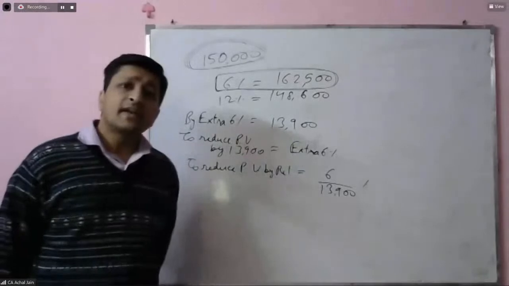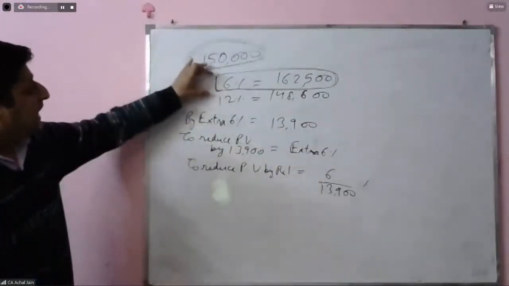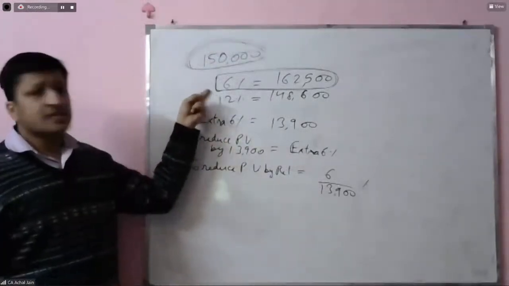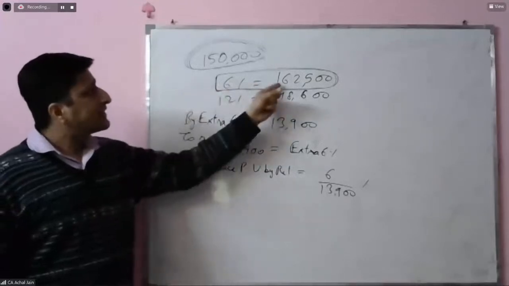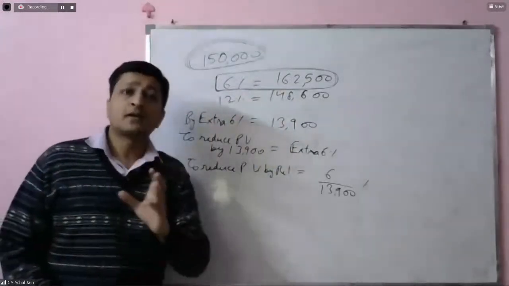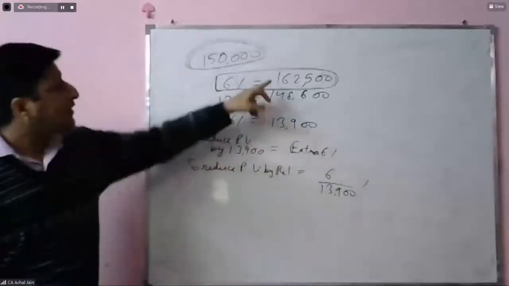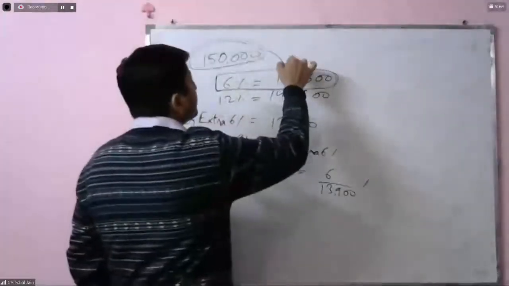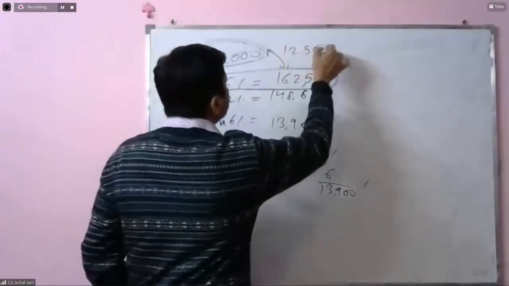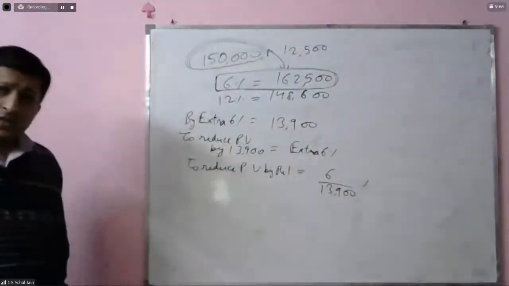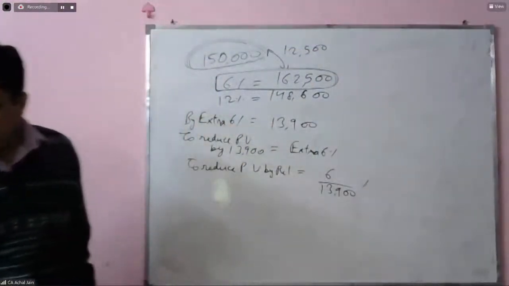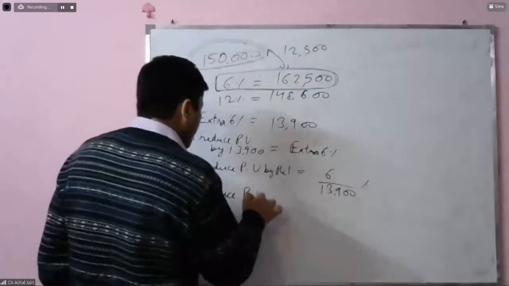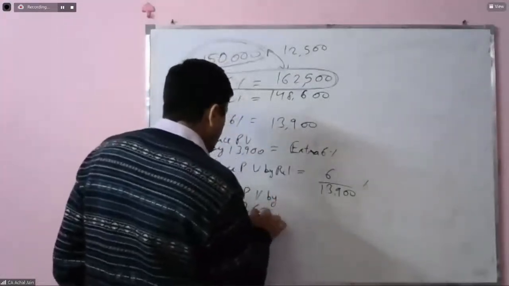Now, once again, what do I do? Once again, I'll go to my base. I know that if I keep 6% as the interest rate, I will get 1,62,500. But what do I need? I need to reduce this PV by 12,500. The difference between these two is 12,500. So I've kept 6% as the basis, and now I want to reduce PV by 12,600.